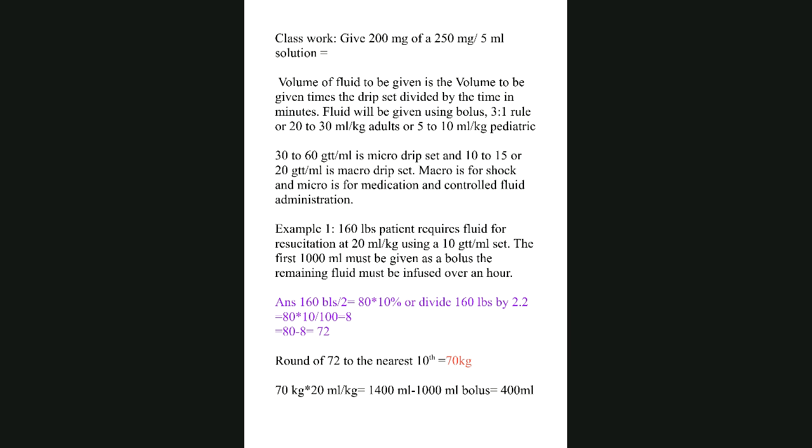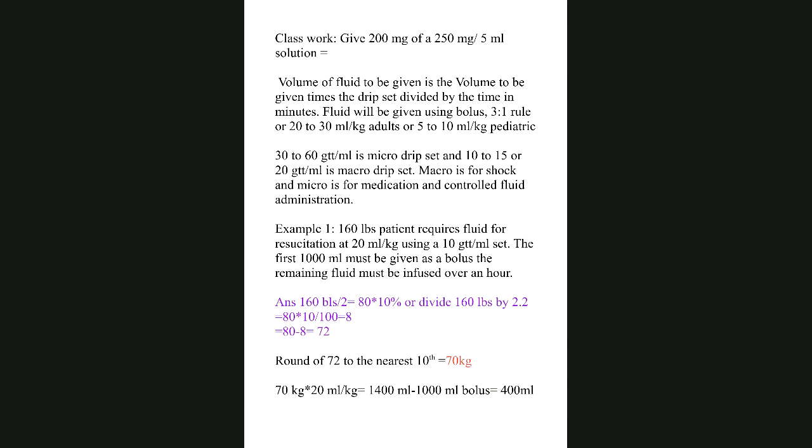That's what it means. And if it's 10 or 15 or 20 drops per mil, it means it takes 10 or 15 or 20 drops to give you a mil, right? So macro is for shock, micro is for medication or controlled fluid administration.